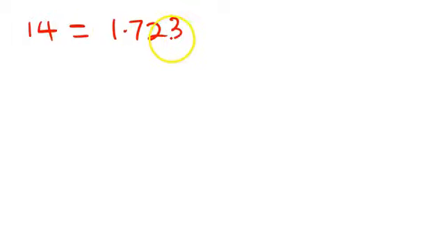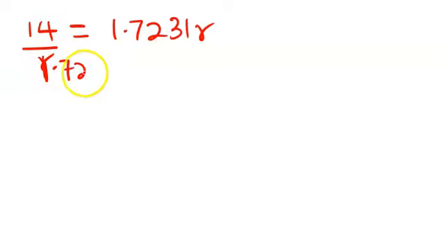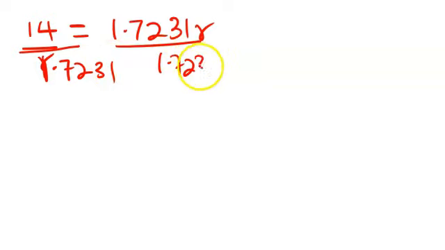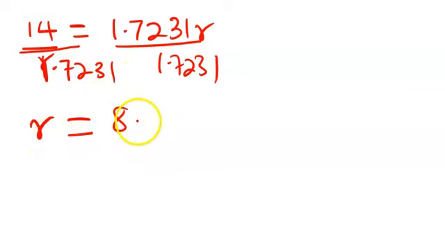So we have 14 is equal to 1.7231 times the radius. To get the radius, we divide both sides by 1.7231. So our radius, when you divide, you get 8.125. So that is the radius.